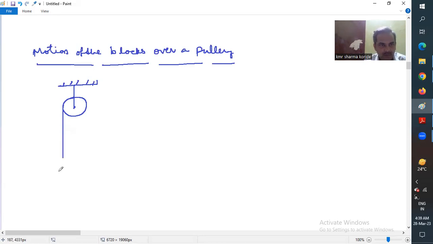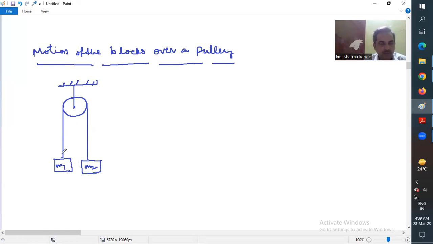One end of the string is connected to body of mass m1 and the other end of the string is connected to body of mass m2. So the string passes over the pulley.